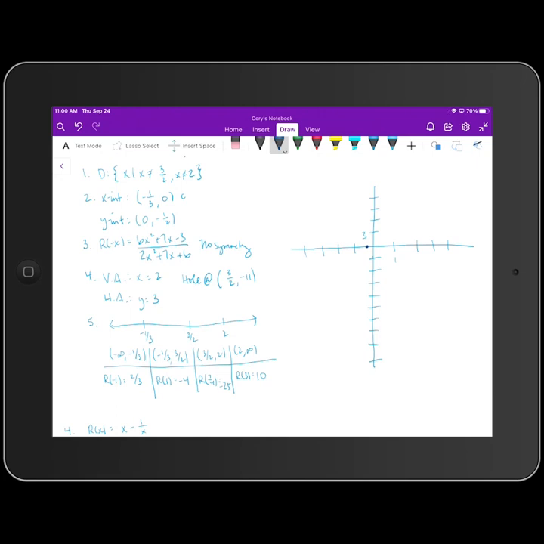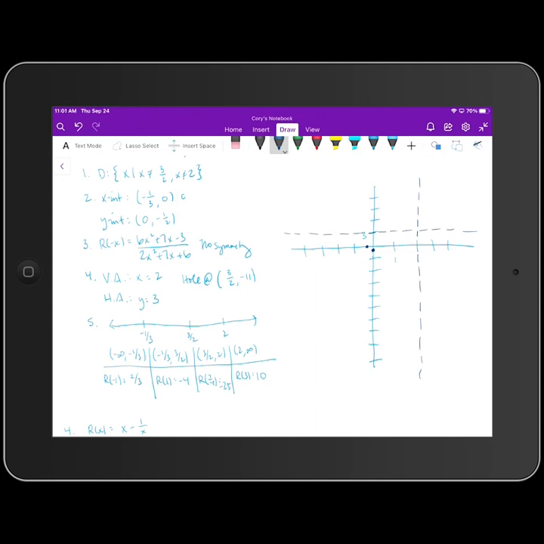So 0, negative 1/2 is going to be somewhere in there. We have a vertical asymptote at x is equal to 2. So I'm going to go ahead and dash that in. We have a horizontal asymptote at y is equal to 3. So again, be mindful of your scale there.